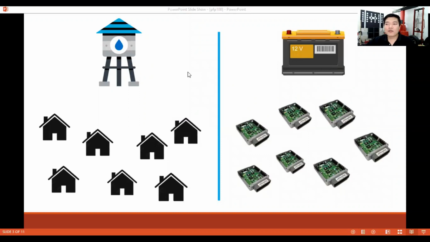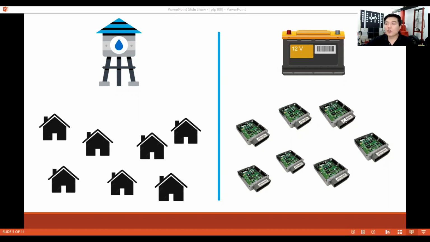If you have too many houses but only one water tank, there will be no pressure and no flow. It's the same with cars nowadays. The battery has 12 volts, but how many amperes are inside?